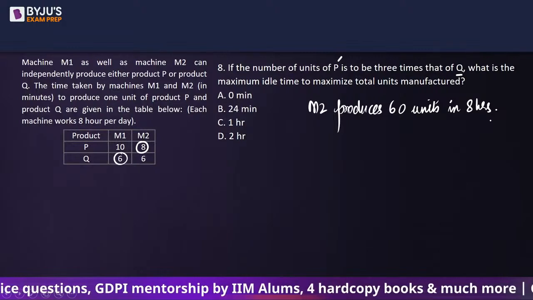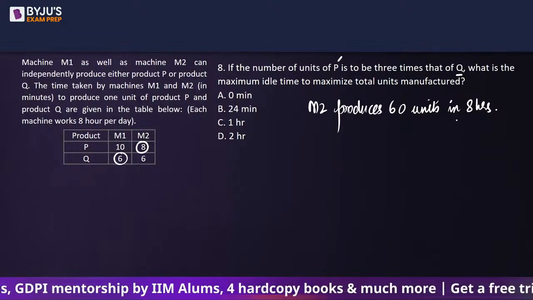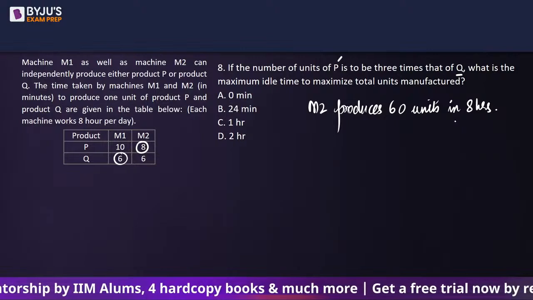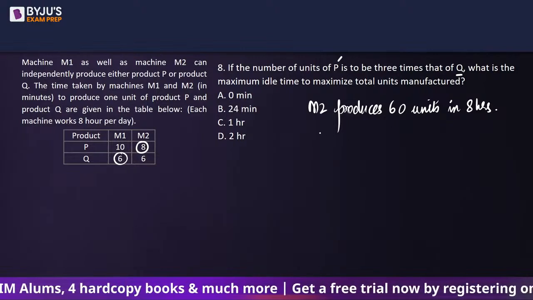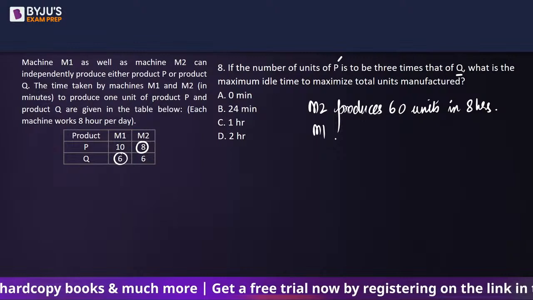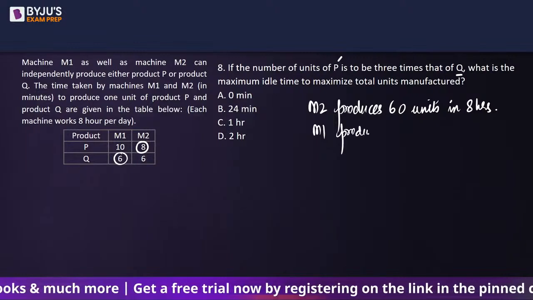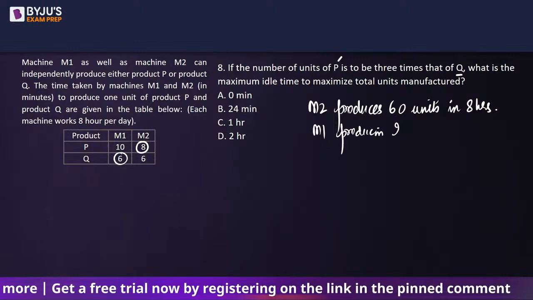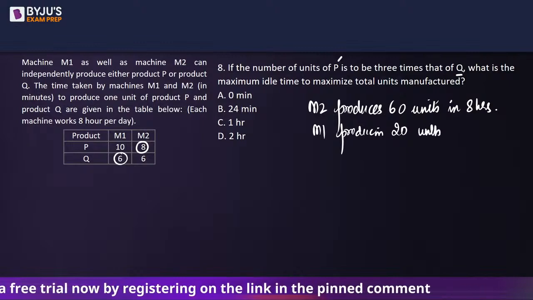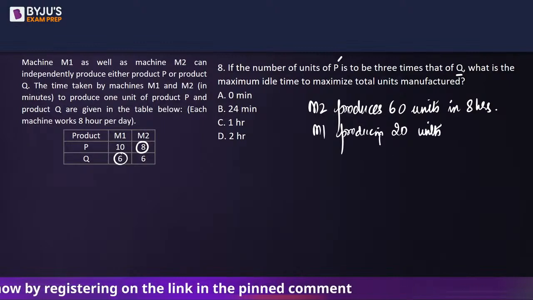Okay. While this was being produced, M1 was producing, it has to produce 20 units. So how many units will it produce?